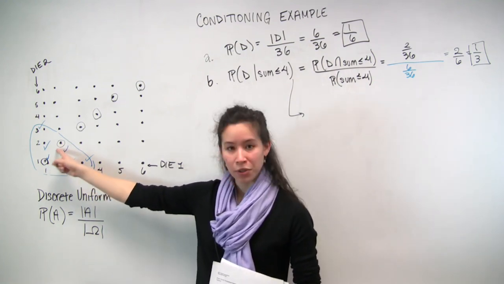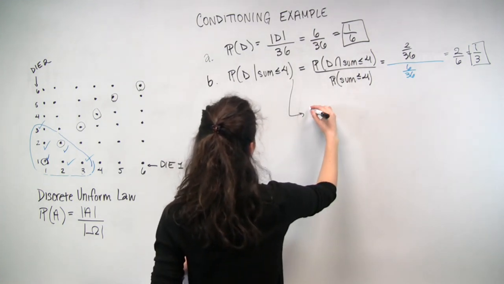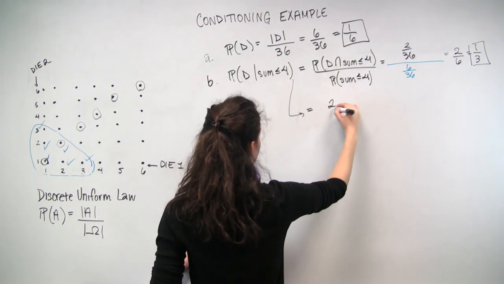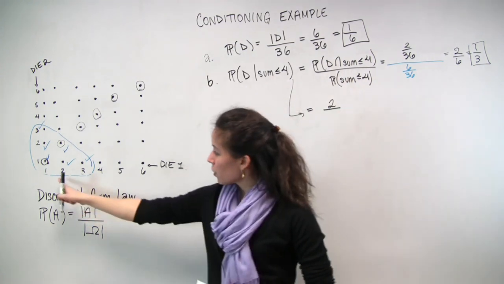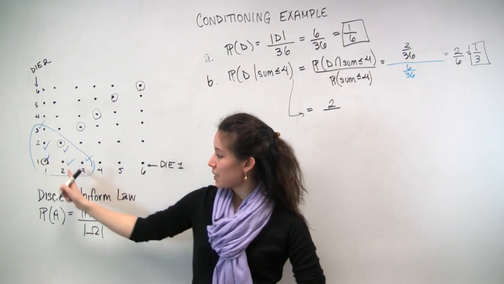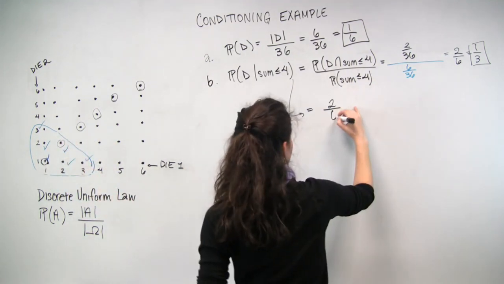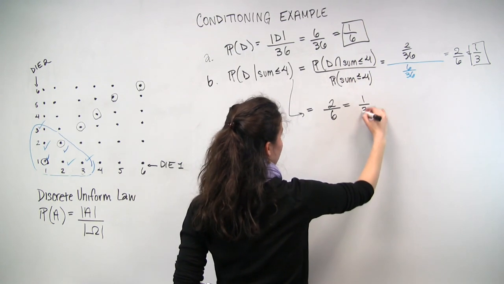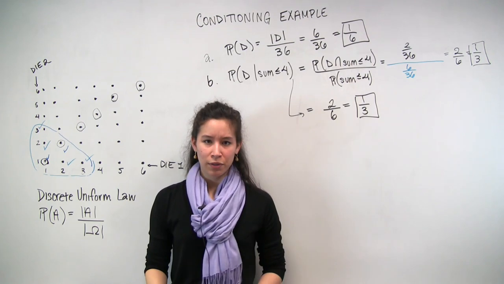So in the conditional world, there's only 2 outcomes that comprise the event doubles rolled. These are the only 2 circles in the blue region, right? So applying the conditional version of our law, we have 2, and then we need to divide by the size of our conditional universe, which we've already said has 6 possible dots. So we just divide by 6, and you see that we get the same answer of 1/3. And so again, we used 2 different strategies.